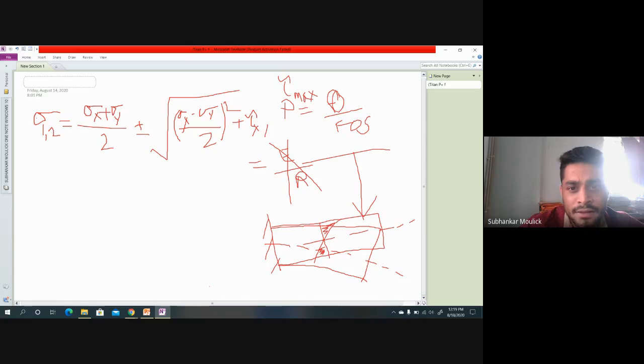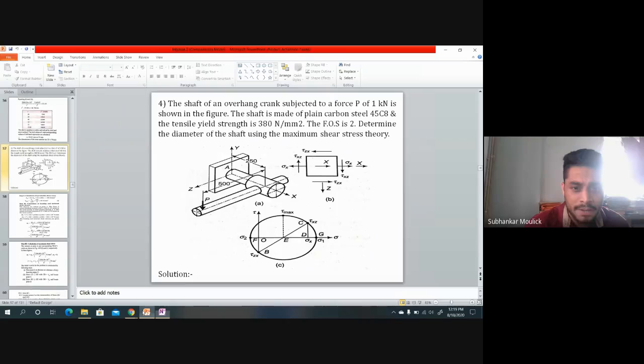Why have I taken x? Because I have assumed that the first plane is the x plane and the second plane is the y plane. But my problem is associated with which plane? My problem is associated with the xz plane.